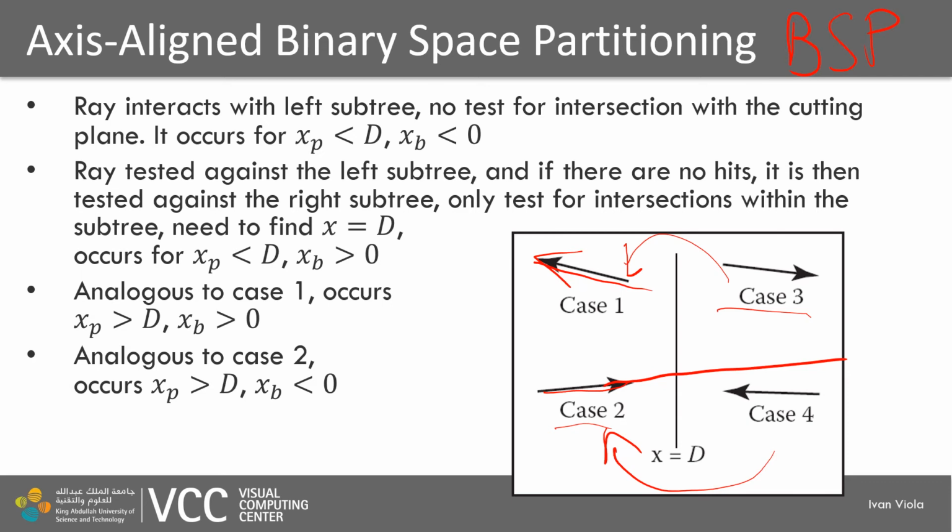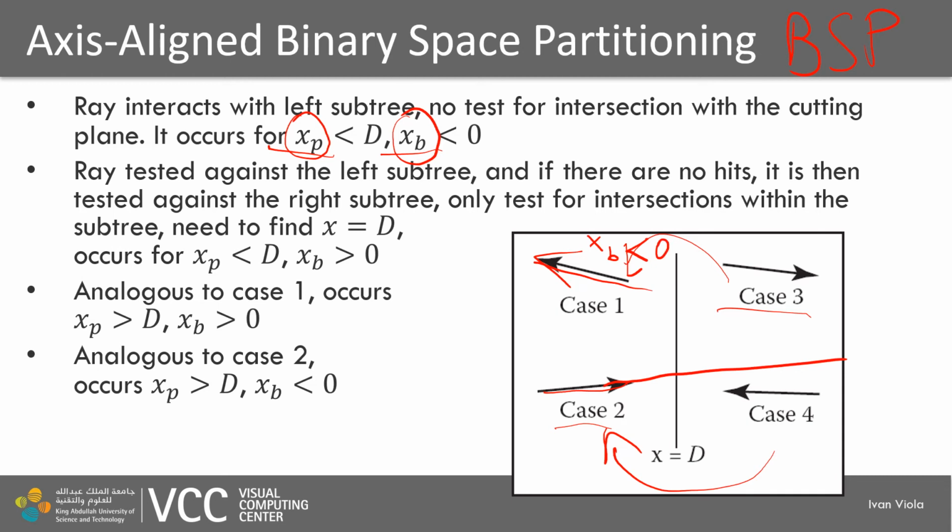It is described here with XP and XB, where XP is the x-coordinate of a point on the ray, and XB is the x-coordinate of the vector along which the ray goes. So in this case, XB is smaller than 0.